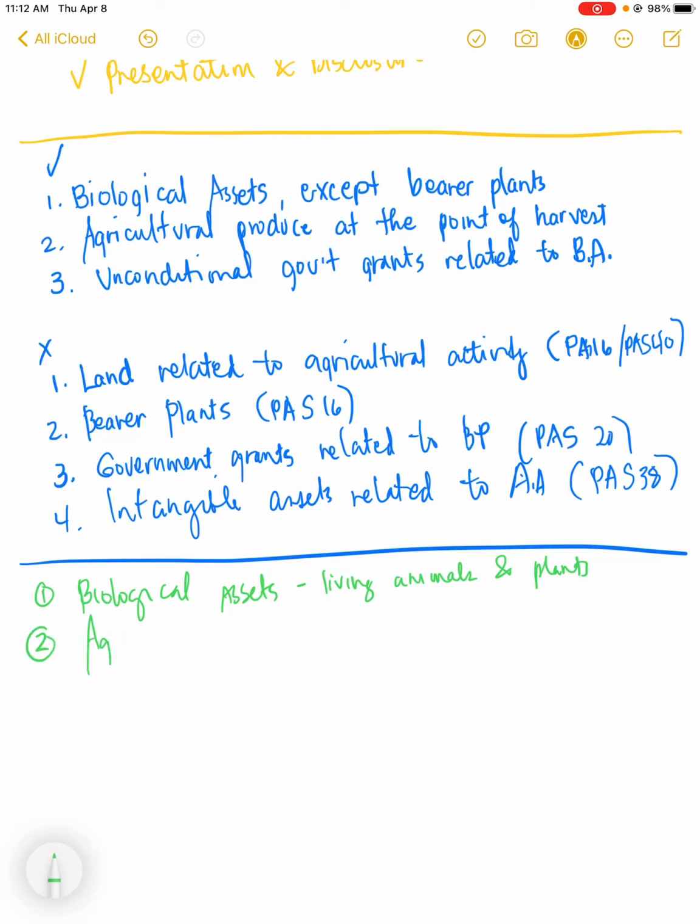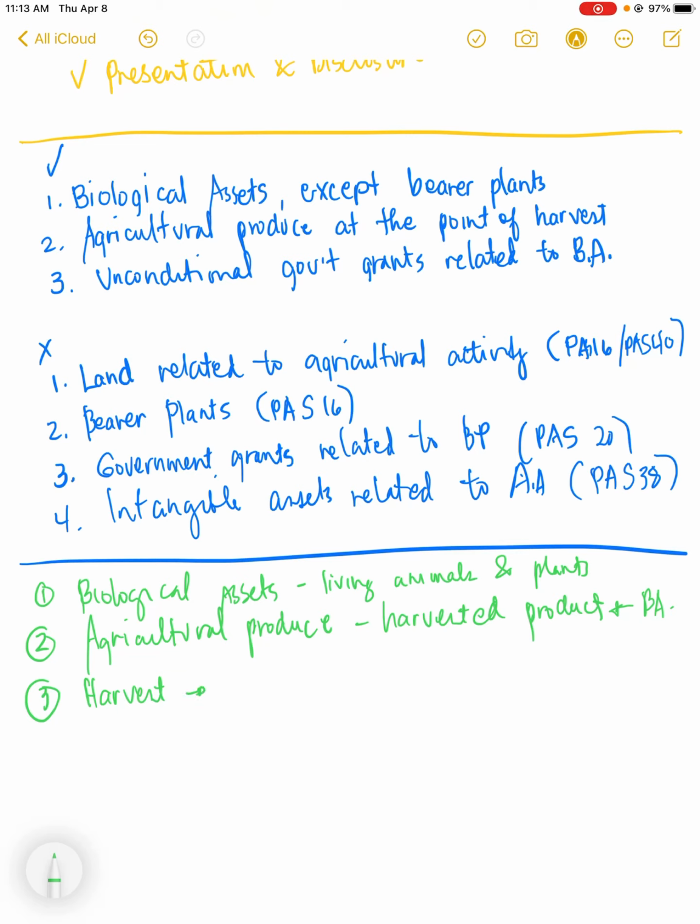Kapag sinabi naman nating agricultural produce, so ito po yung harvested product, or ito yung mga galing or products noong ating biological assets. And since na-mention po natin yung harvested product, it's proper also for us to define what do we mean by harvest.